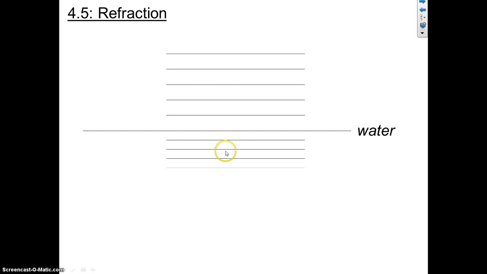But then, of course, once they're in water, they all travel at the same speed, and they maintain the same separation. So each wavefront is able to catch up to the preceding wavefront only during that time when it's in the air, and the one in front of it is in the water. Right? And of course we could draw a ray. So finish this drawing off, complete this drawing.